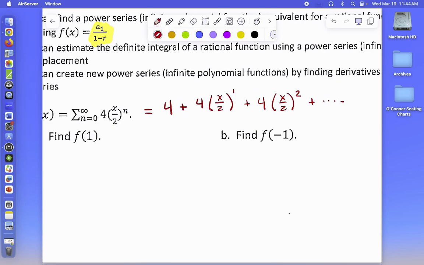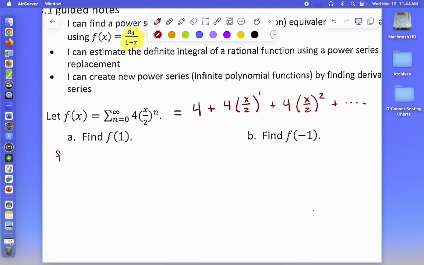Okay, so if we are trying to find f of 1, we're substituting 1 in for x in each of those. So 4 plus 4 times 1/2 plus 4 times 1/2 squared plus 4 times 1/2 to the third.